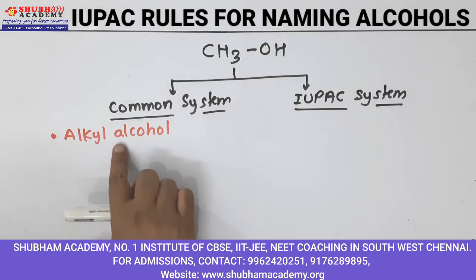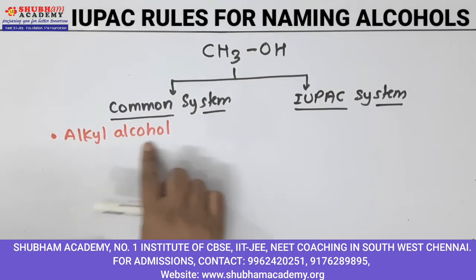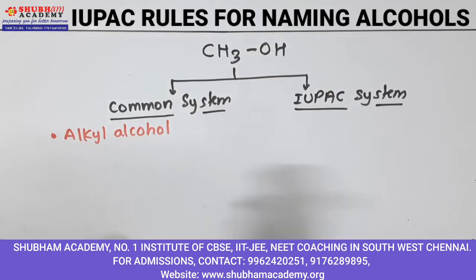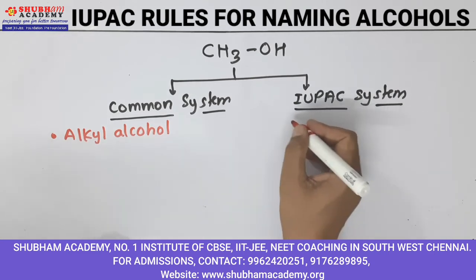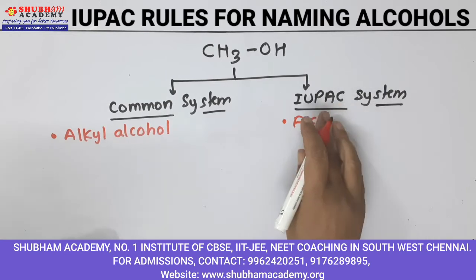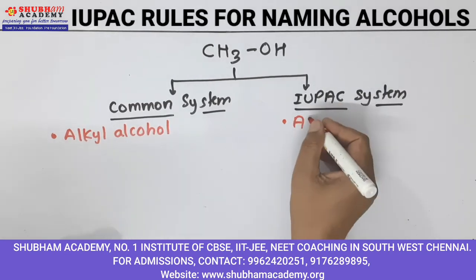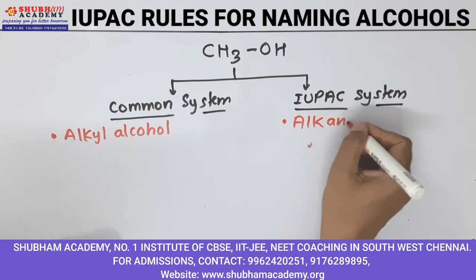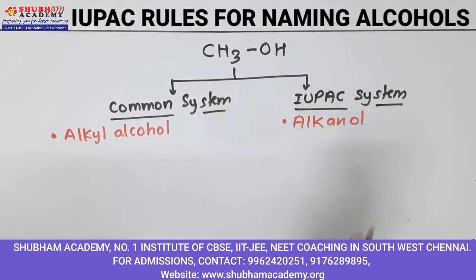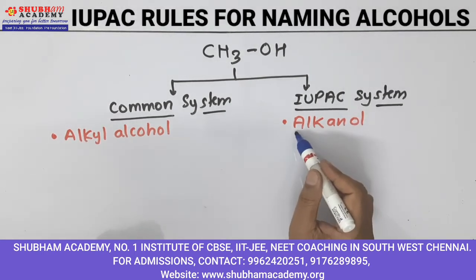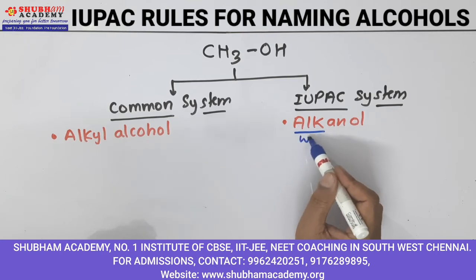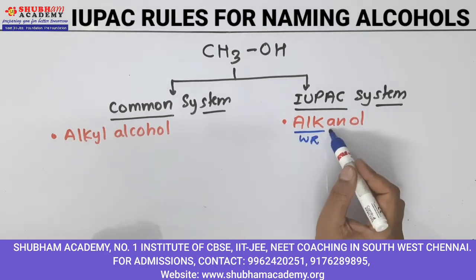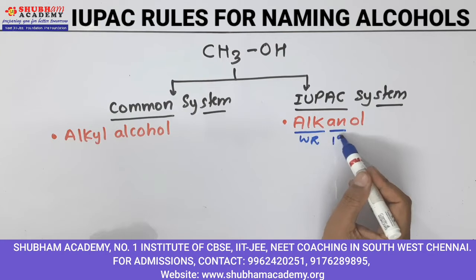In common name, the full name of the functional group will come, right? While in IUPAC, when you're writing, you have to write as alk-an-ol, right? Now if you see this alkanol, you can see here that this alk is your word root, ane is your primary suffix.